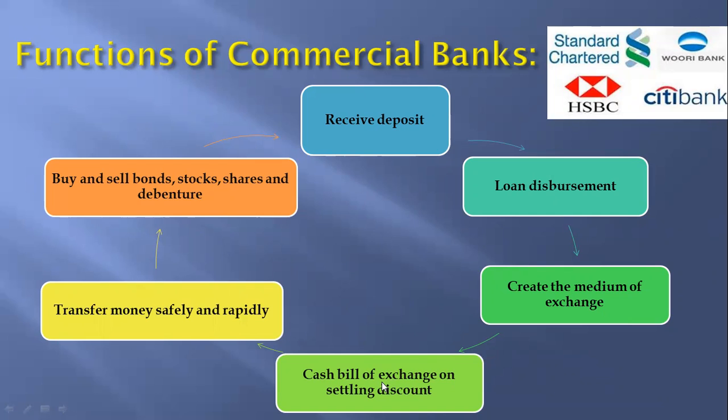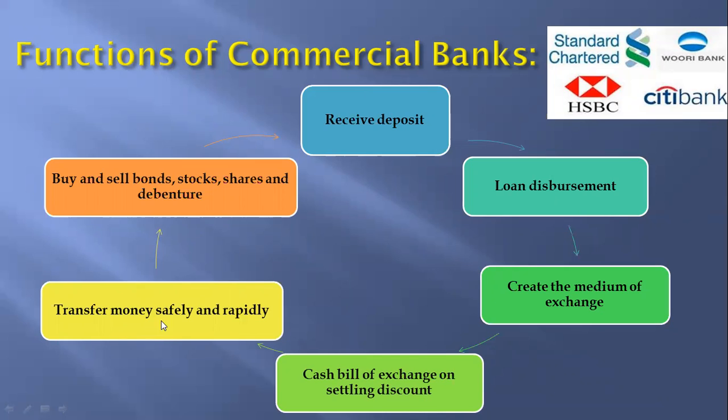Now come to the next point, and that is cash bill of exchange on settling discount. If money is needed before the bill expiry, the owner of the bill of exchange can get cash by exchanging the bill of exchange from the commercial bank. So the bank earns a huge amount of profit in this work.